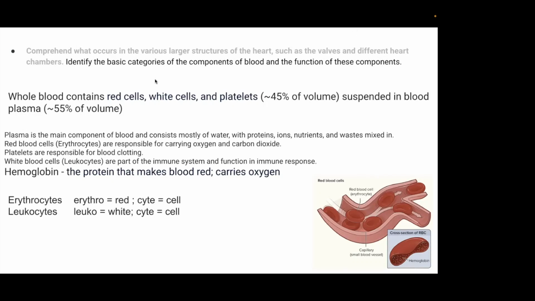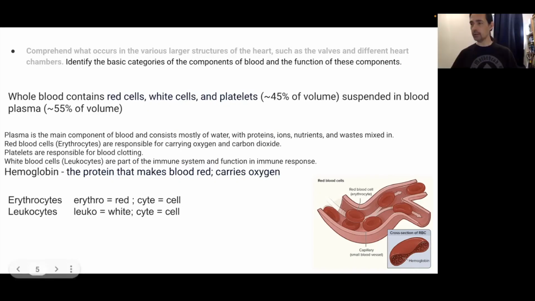I have a question. For the white blood cells, do we need to know anything about infection? Well, you would have to know how the white blood cells function. Broadly, if you look at the slide, I'm circling it, what is the function of white blood cells?